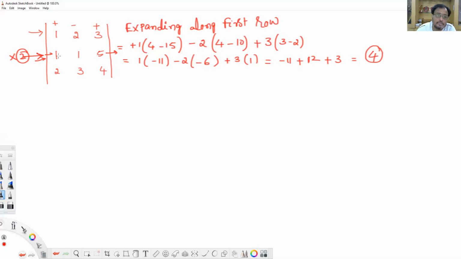After multiplying, that result I am adding to the first row. Like this, you can add it to any other row, and when you are working on columns, any other column.